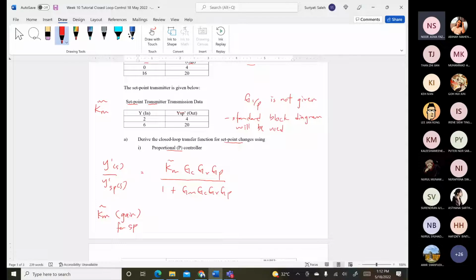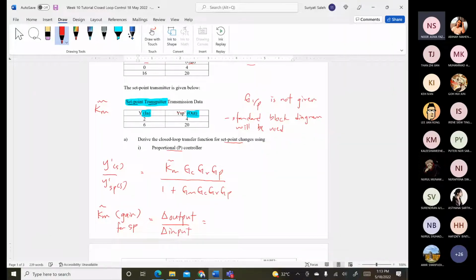So in this case, they have the information in the form of a table. That means you need to use the formula for the gain, delta output over delta input: the difference of your output data divided by the difference of your input data. Here you can see there is the out and the in information for the set point transmitter, so you can use the data right away.